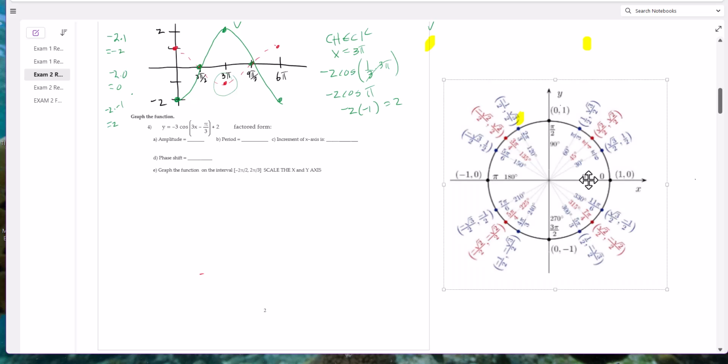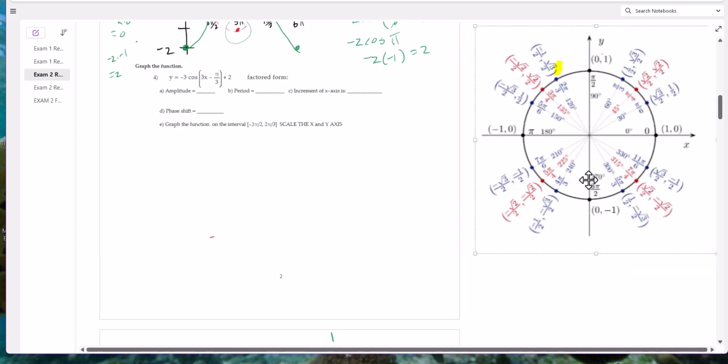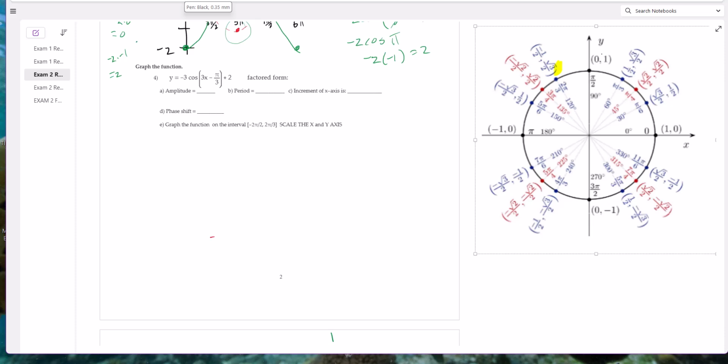Okay, so with this one, I think I had a mistake on this problem. So this was intended not to be pi over 3, but it was intended to be pi. Okay, so I'm going to go ahead and work with this down here. So I've got y equals -3 cosine of 3x minus pi, like that.